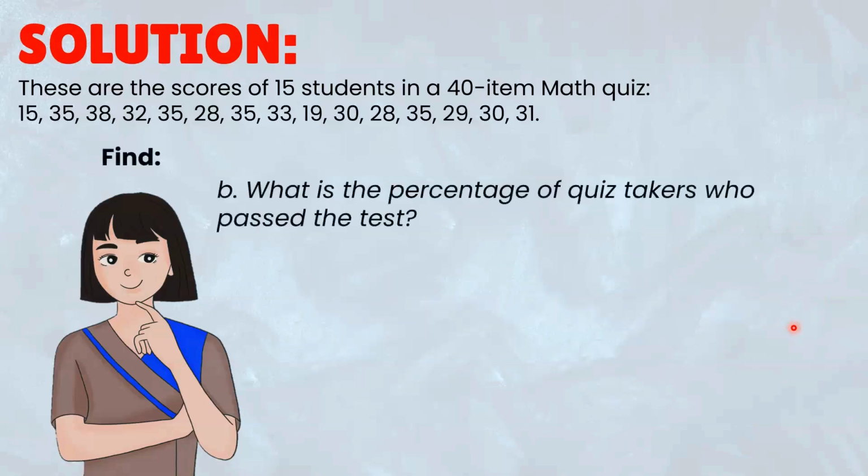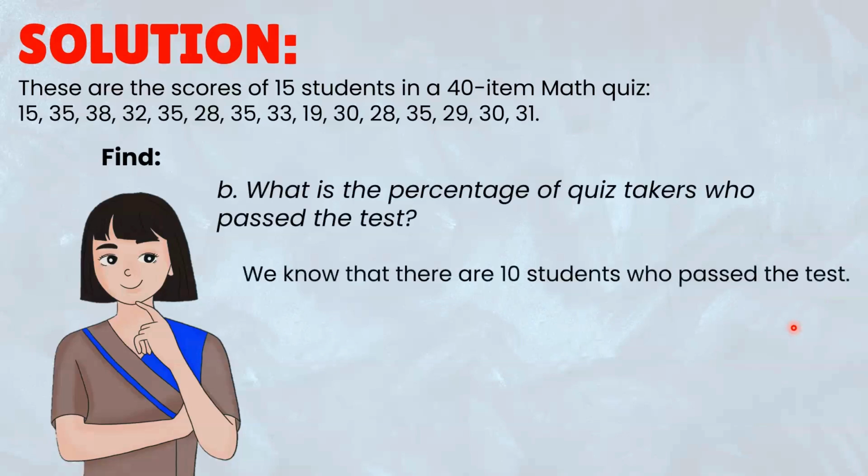For the second task, what is the percentage of quiz takers who pass the test? We know that there are 10 students who pass the test. To get the percentage of quiz takers who pass the test, we divide the number of students who pass the test over the total number of takers of that test times 100.